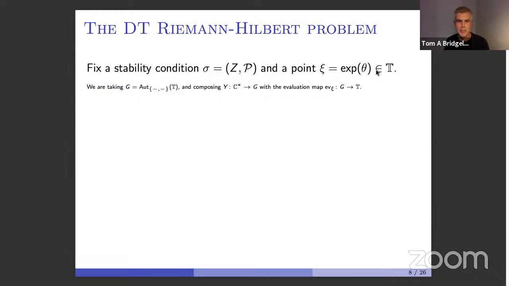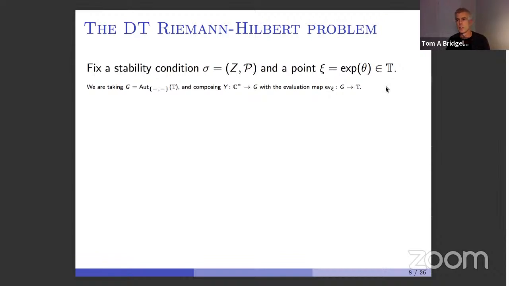That's a perfectly reasonable thing to do, because then I will be looking for maps into the torus. The thing I'm going to write down here should be entirely analogous to the one we had before. We just changed the group. But as I say, we're going to compose with the evaluation map from this group to the torus, which just evaluates some symplectomorphism at some point.